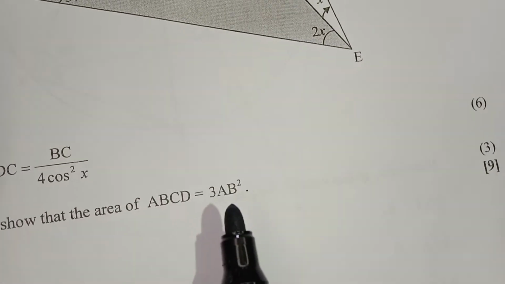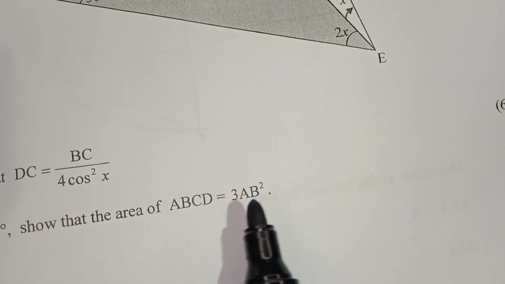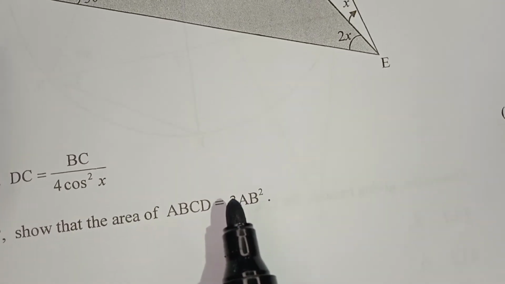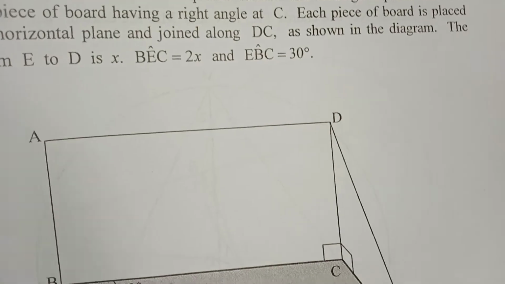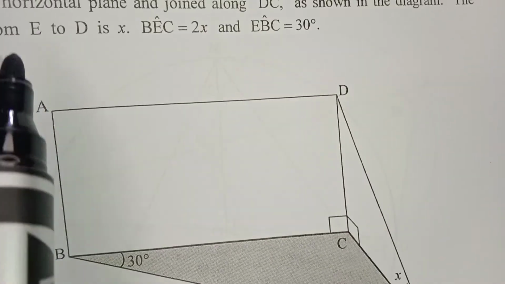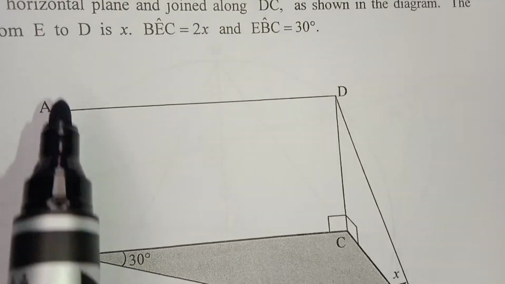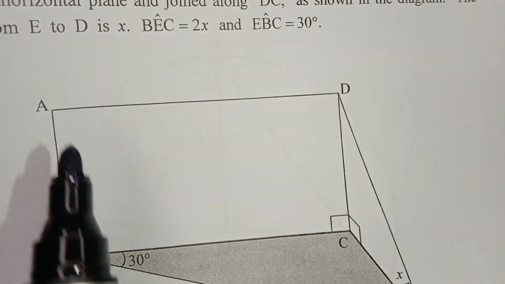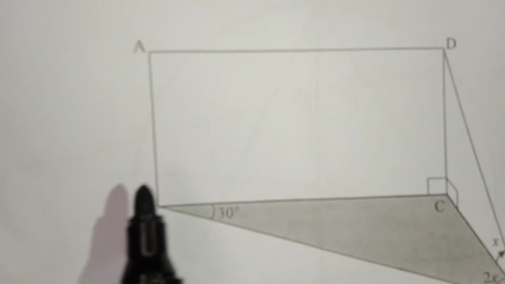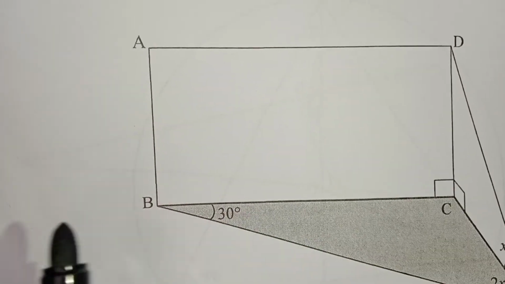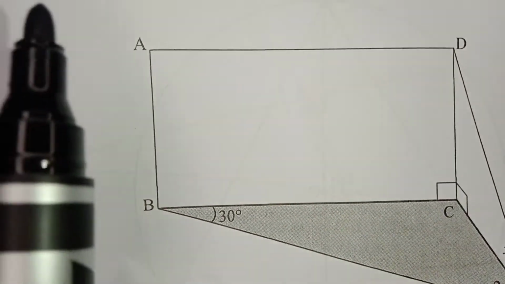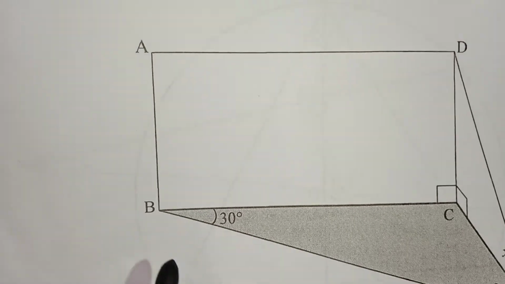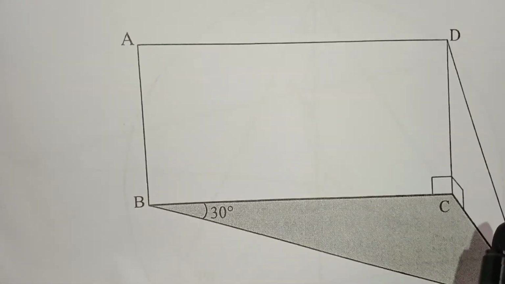But the area that we must show has AB squared, and AB is the breadth, okay? So we don't want to express our area in terms of length, we want to express it in terms of breadth, okay?